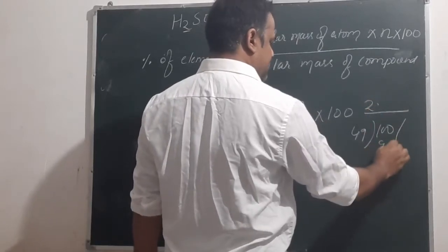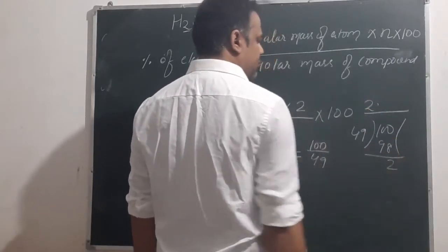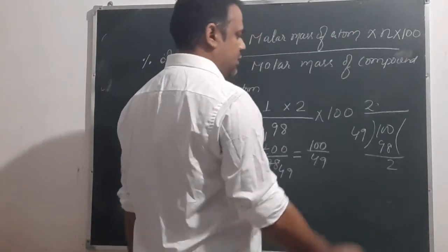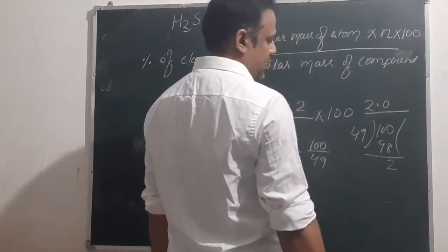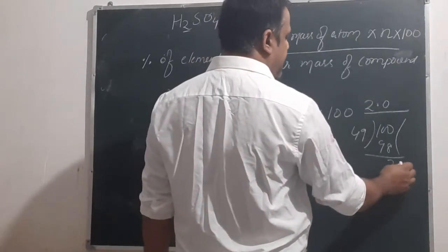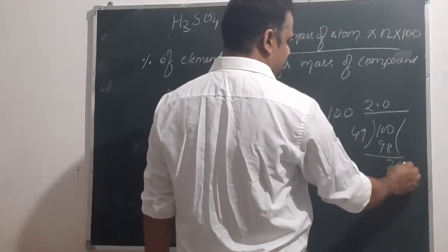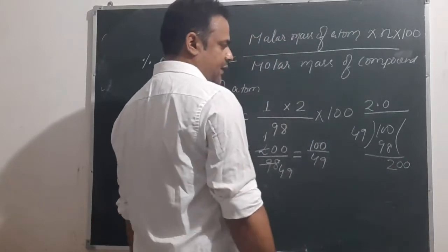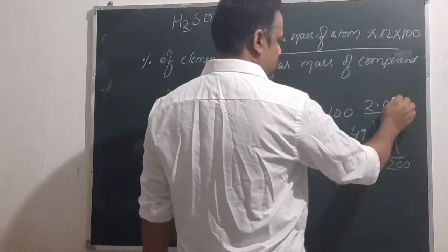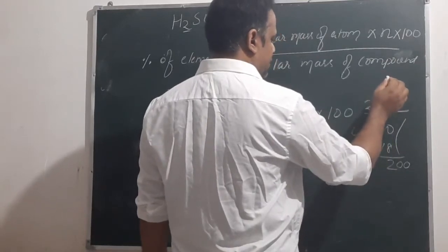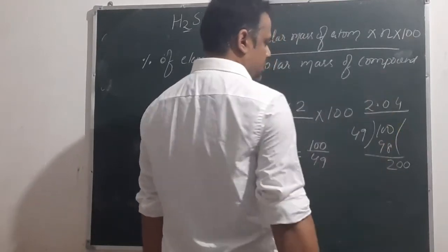Here 98, 2 will be remaining. We'll put here 0. Then we'll have 200. Then again, how many times will it go? 4 times.